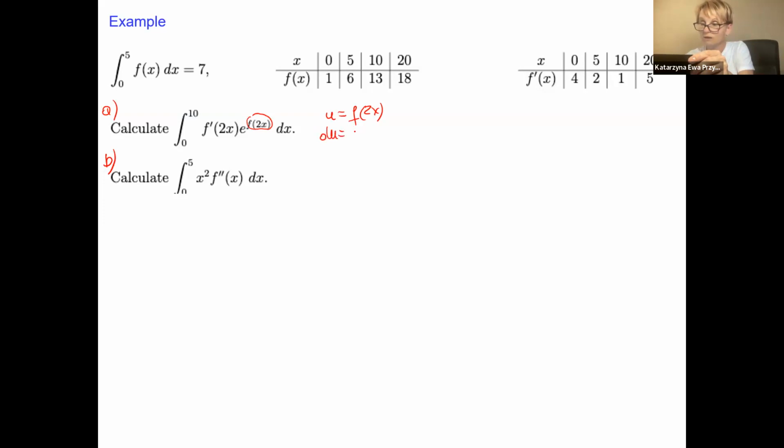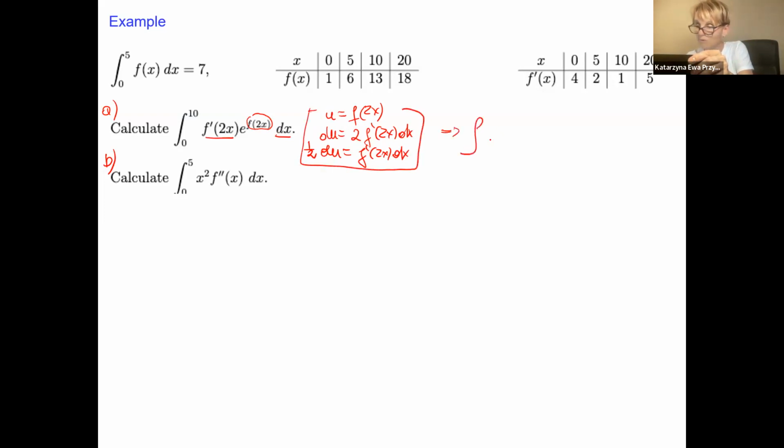Du will be 2 times f prime of 2x dx. We know this. And then this is just 1/2 du, and f prime of 2x dx is sitting and waiting to be cancelled out.